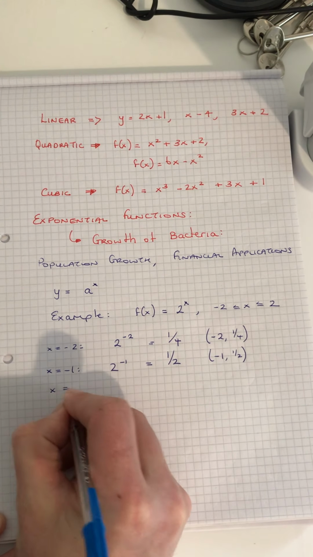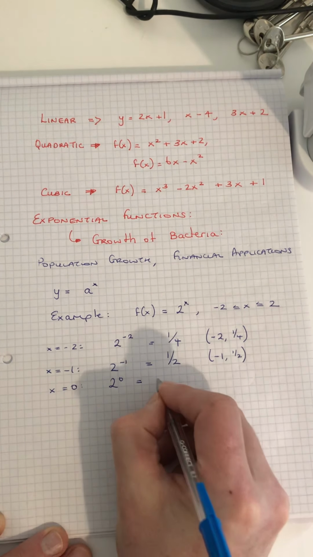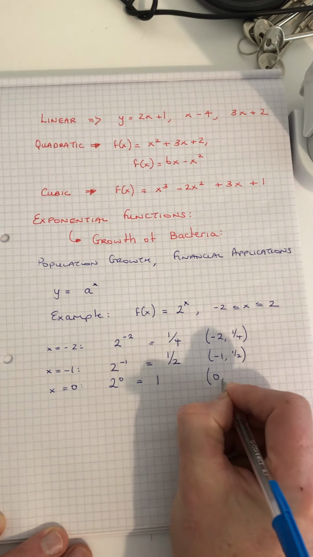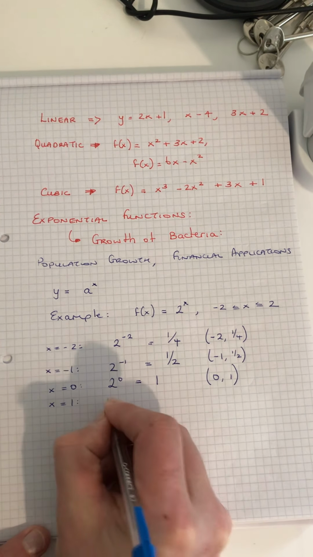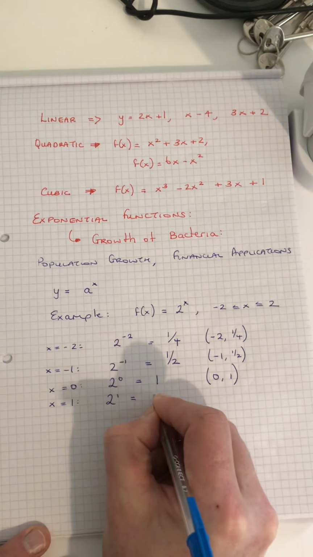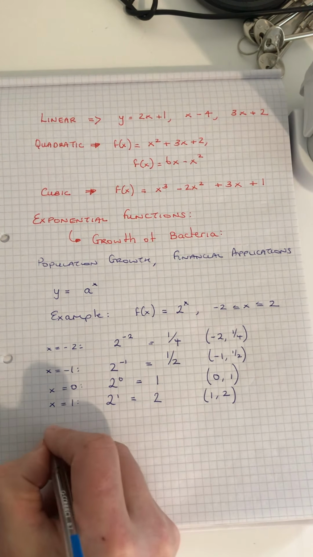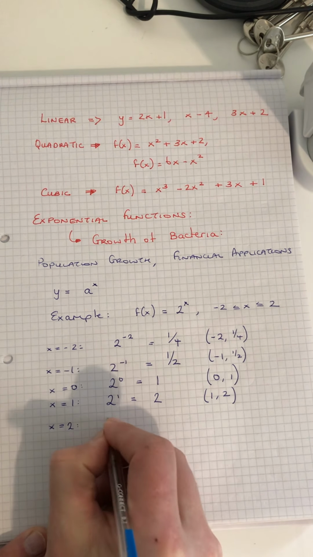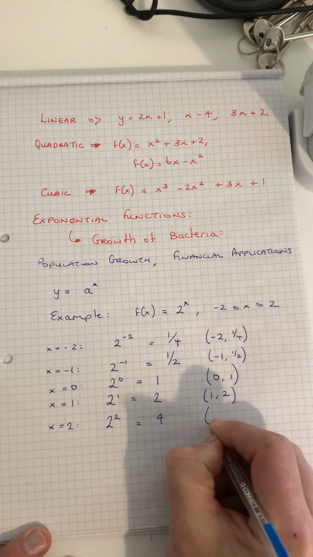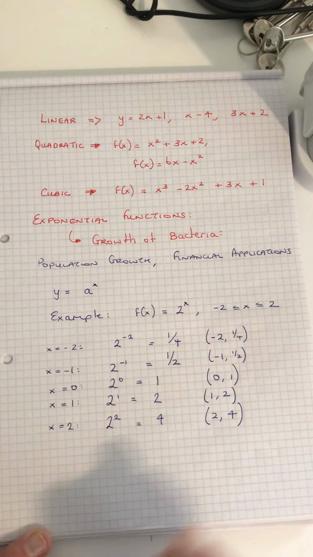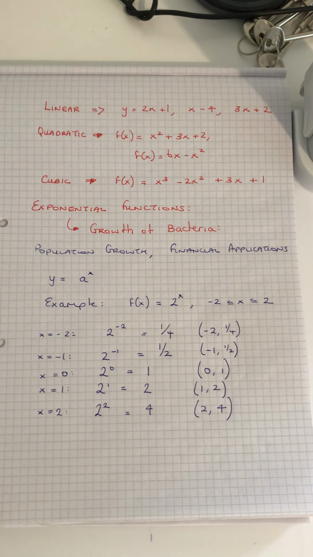When x is 0, 2 to the power of 0 is equal to 1. So 0, 1. When x is 1, 2 to the power of 1 is 2. When x is 2, 2 to the power of 2 we know is 4. So 2, 4. Okay, so that's just to show you the different type of graph.